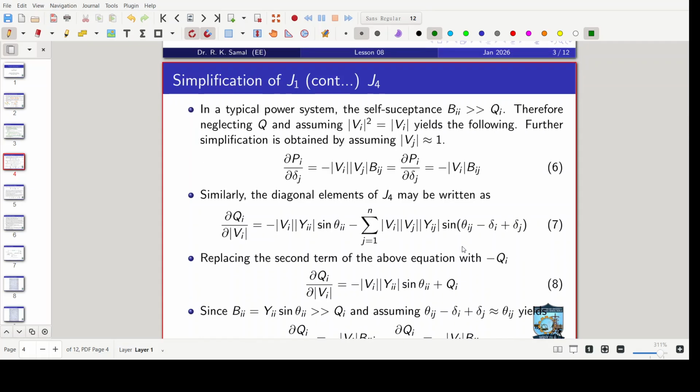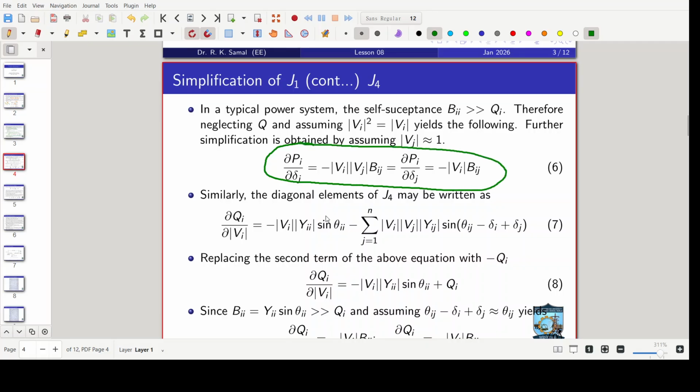Now, in a typical power system, the self-susceptance Bii is much larger than Qi. Therefore, neglecting Q and assuming, in per units of course, that Vi square is equal to Vi, because Vi is nearly 1. Further simplicity is obtained by assuming Vj is equal to 1. And then we get these two expressions.